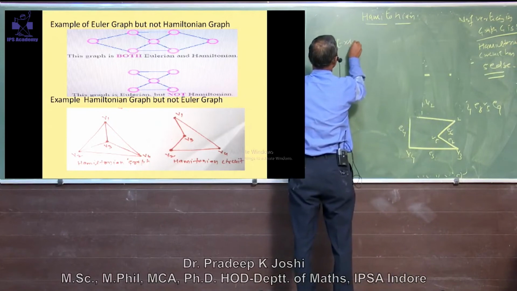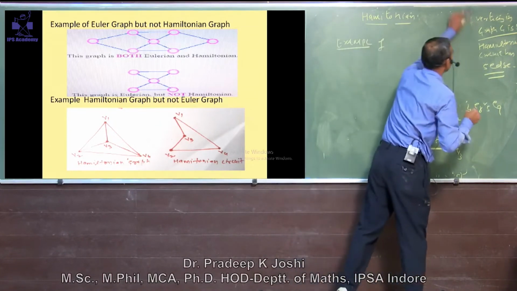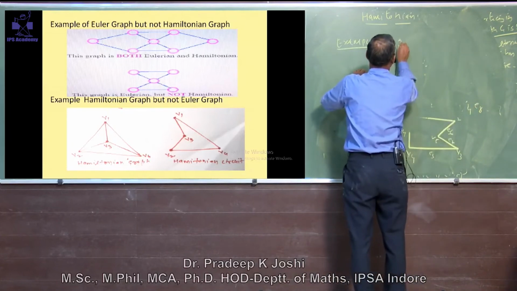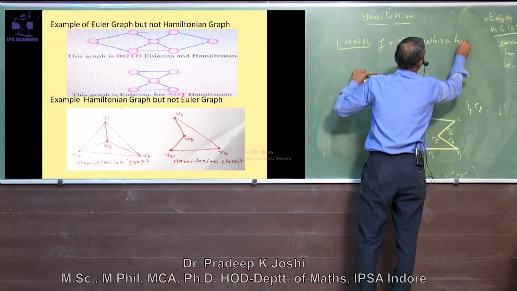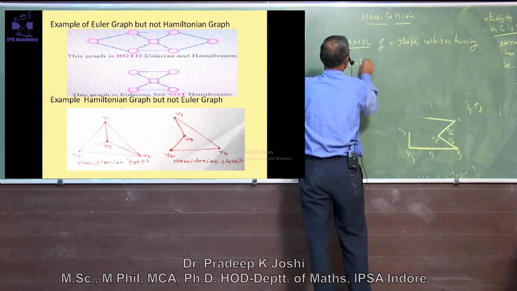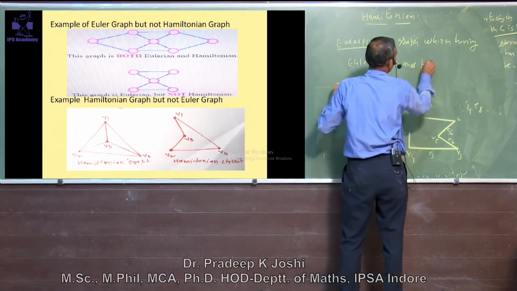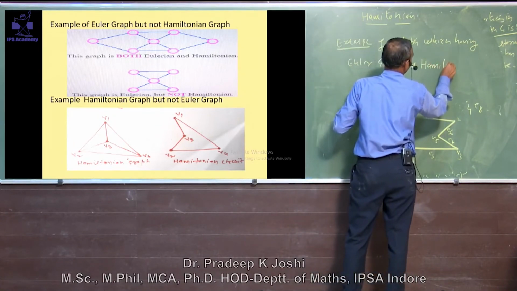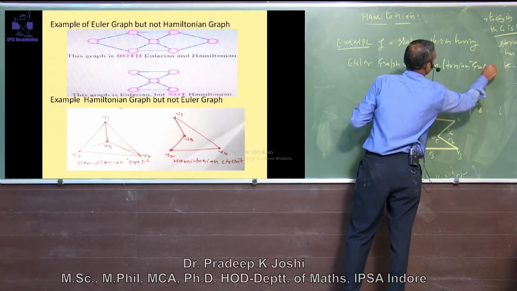You have to give an example of a graph which is an Euler graph and a Hamiltonian graph.